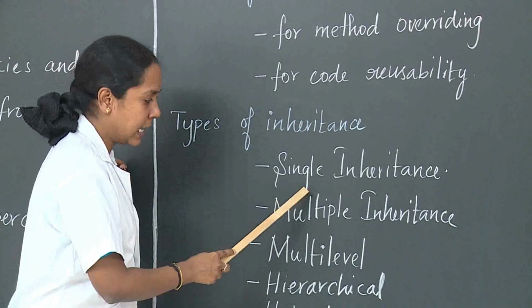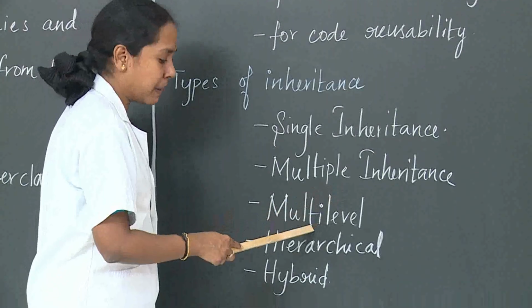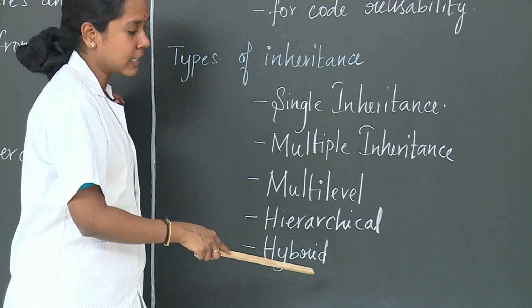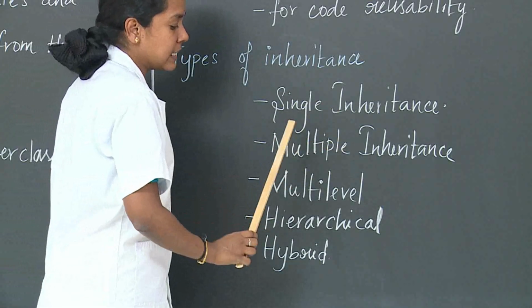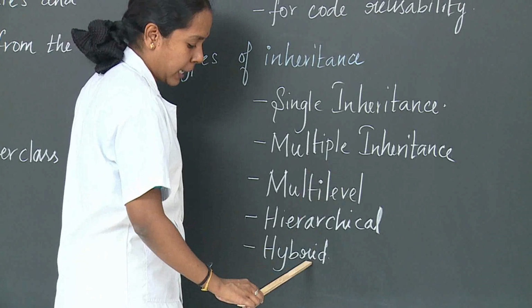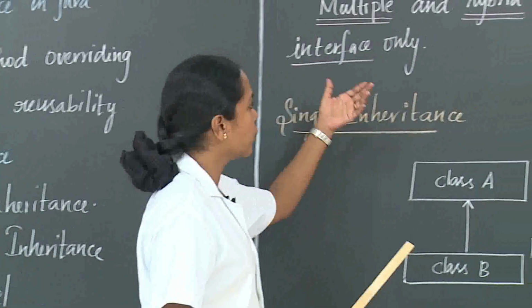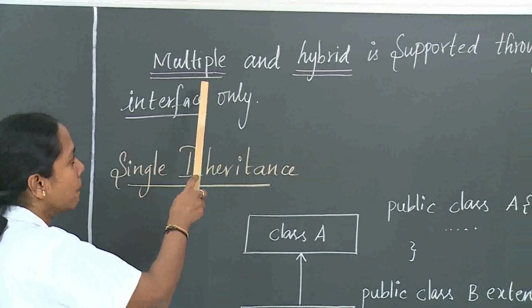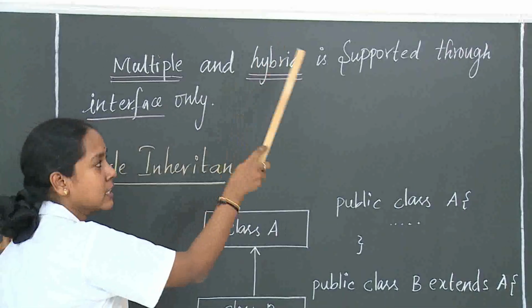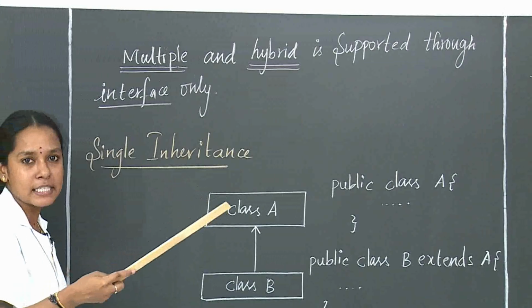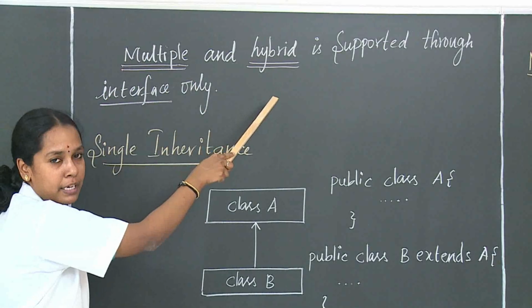First one is single inheritance, then multiple, multi-level, hierarchical and hybrid. These are the 5 types of inheritance. In Java, multiple and hybrid are not supported. For that purpose we have to move to an interface. So multiple and hybrid we can support through interfaces only.